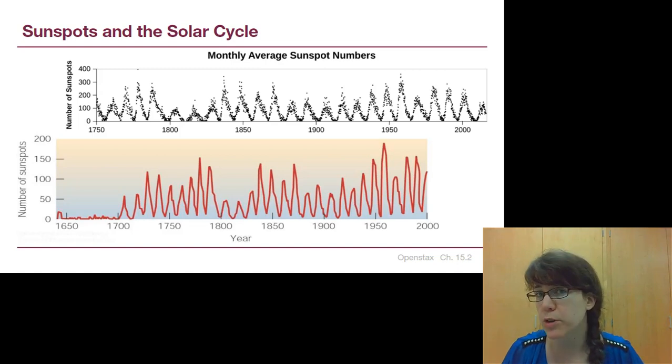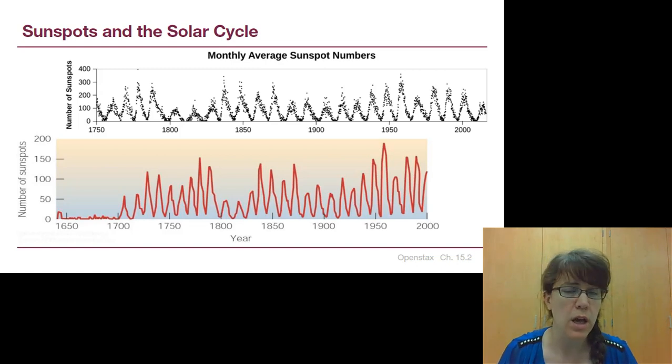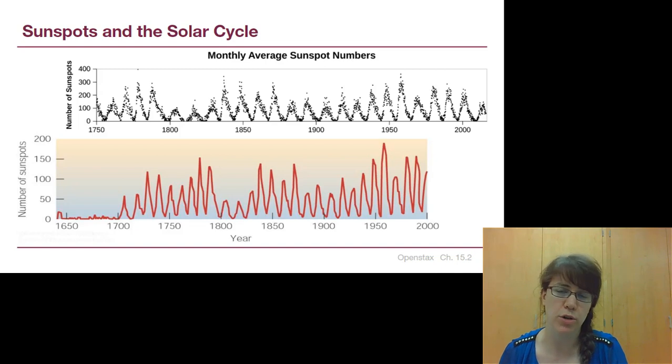This is called the Maunder minimum, and the really important thing to remember is that this means that there was something weird happening with the magnetic field of the sun, but the sun was still producing just as much energy, just as much light, just as much heat as it always was. There was just something weird going on with the magnetic field. Something that we haven't quite figured out, but it didn't affect what amount of sunlight and energy the Earth was receiving during that period. Had no effect.